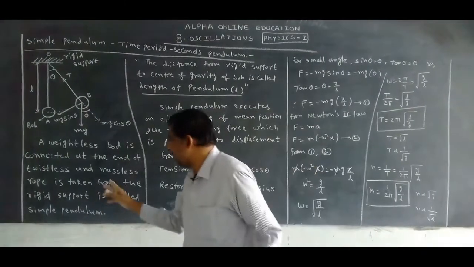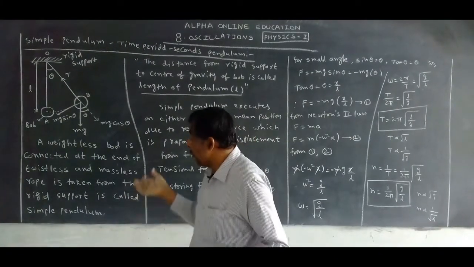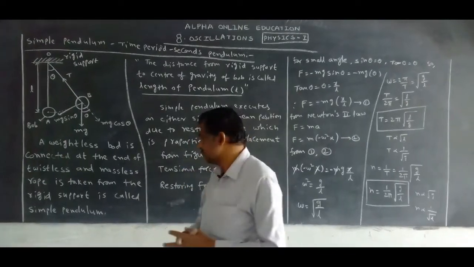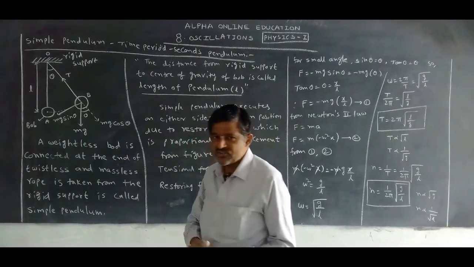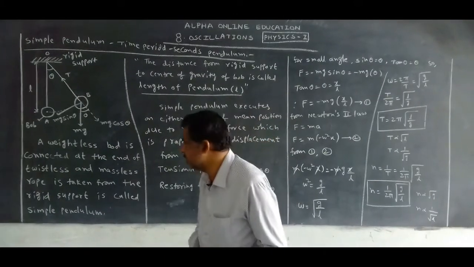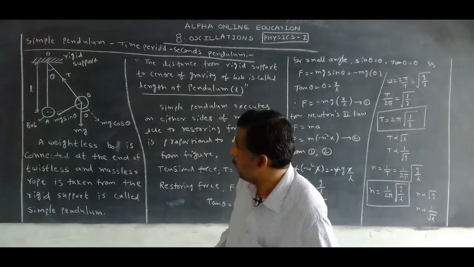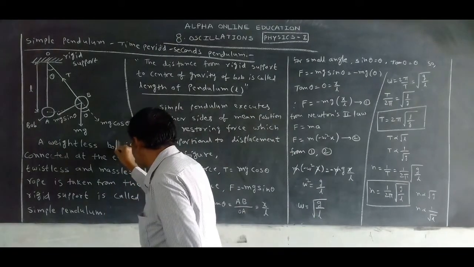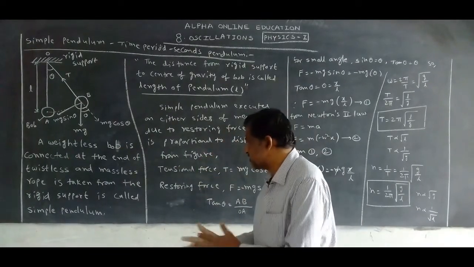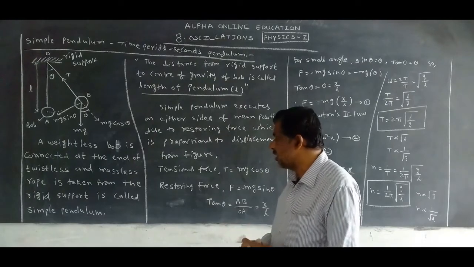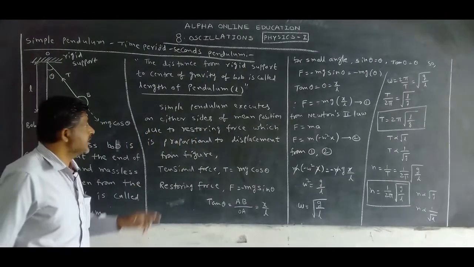A weightless bob is connected at the end of a twistless and massless rope or thread, taken from a rigid support, is called a simple pendulum.